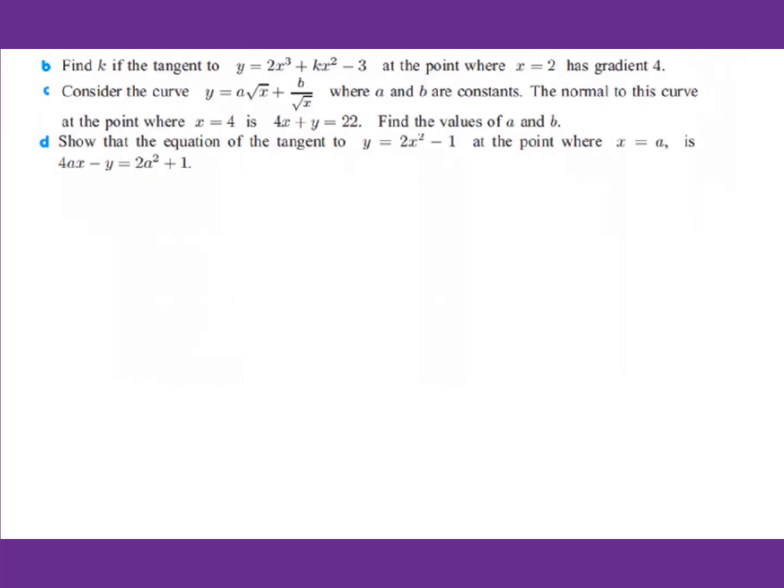Now let's go to D. Show that the equation of a tangent to y equals 2x squared minus 1 at the point where x equals a is 4ax minus y equals 2a squared plus 1. If you are given x equals a, you can get the x1, y1. Your x1, that's a. y1 is plugging here. That is 2a squared minus 1.